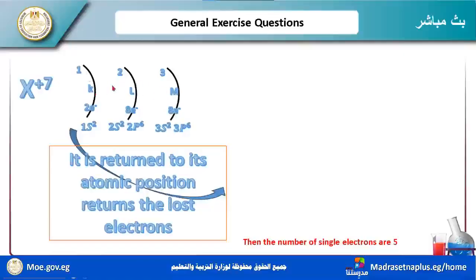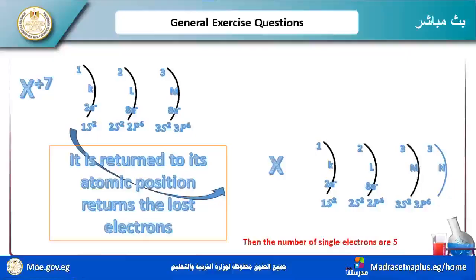X lost 7 electrons from the outermost energy levels, and you must return these electrons to the original state. As you see, we have 2, 8, 8, and 4s2, and then another 5 electrons, 3d5. This is the correct electronic configuration, so the number of single electrons equals 5, in 3d5.